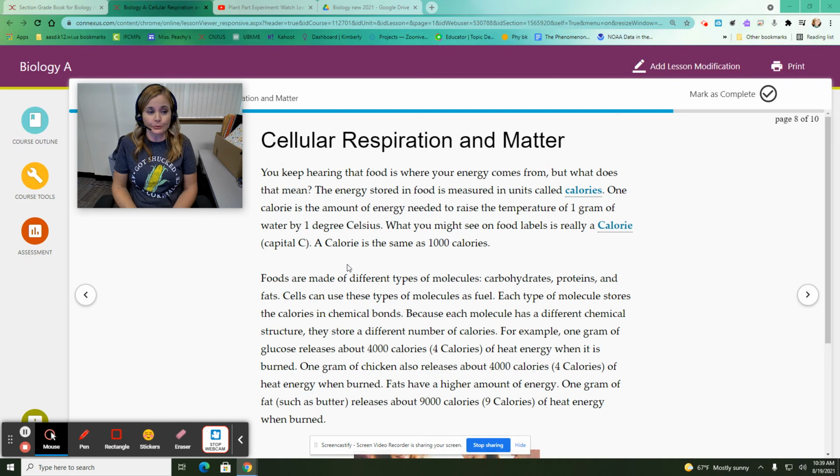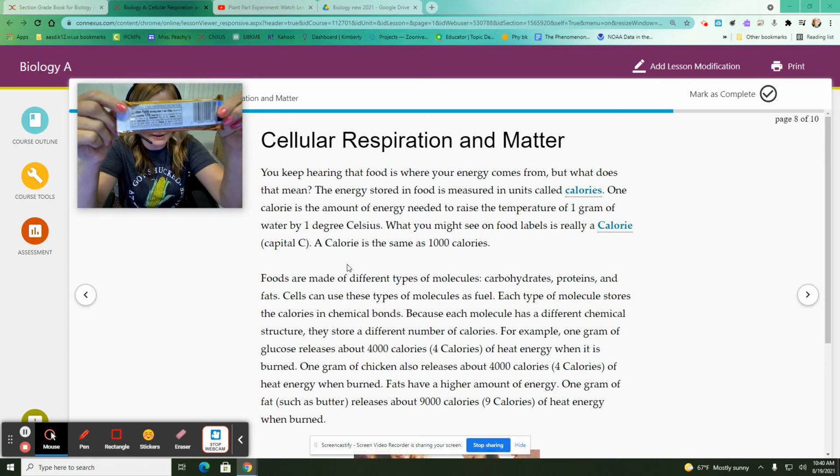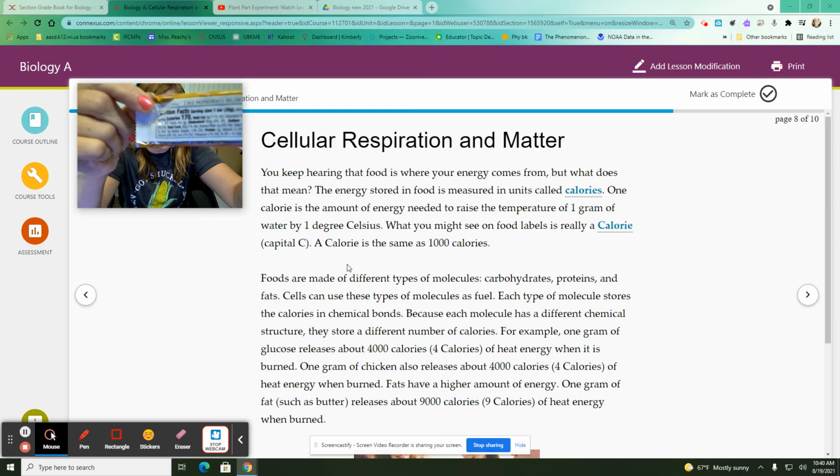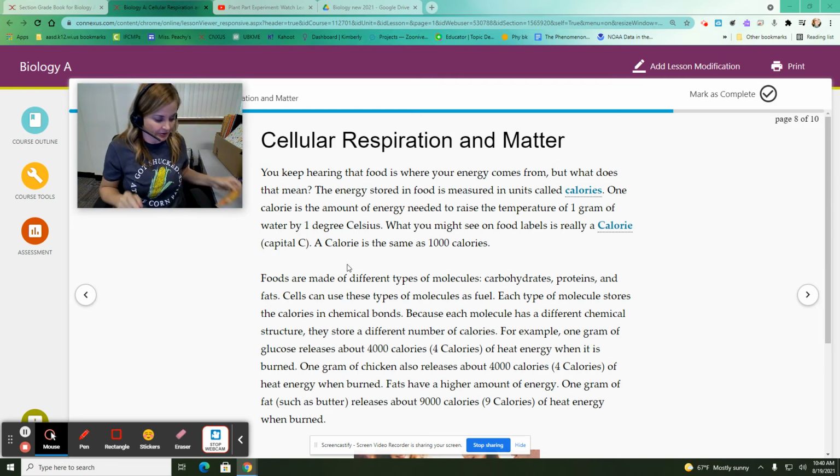So when you see your food, you're going to see calories. I think I have some food here with me. Here we go, I have a granola bar. On the back, it says my granola bar is 170 calories, capital C calories. So that would mean the amount of energy in this granola bar is enough to raise... let's see.